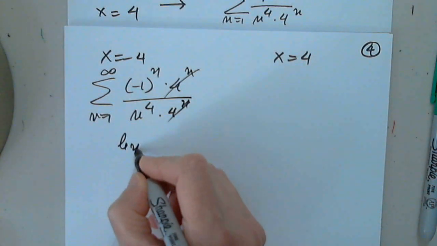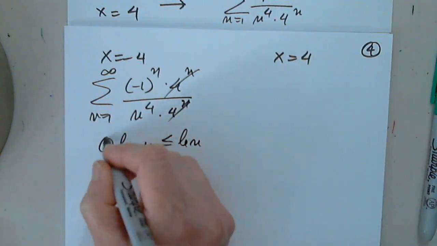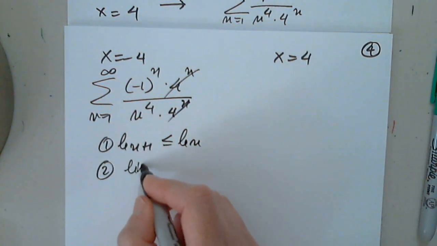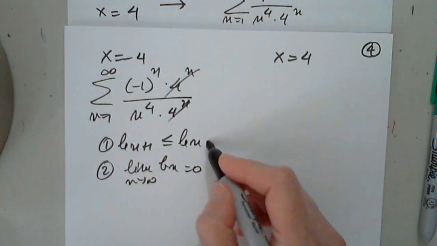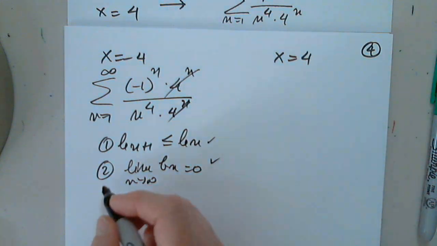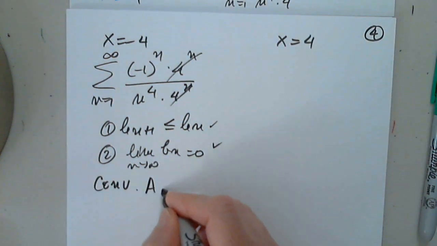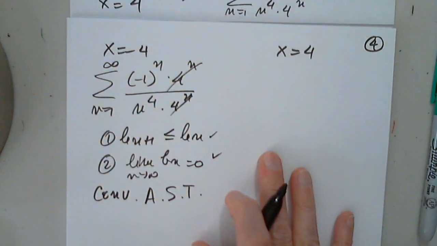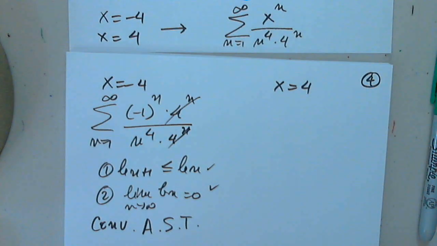So we know that b sub n plus 1 is definitely less than b sub n, the first condition. And the second condition, the limit of b sub n as n approaches infinity, is 0. Both conditions are fulfilled. Therefore, this series is convergent by the alternating series test. So then I will go back and include -4.